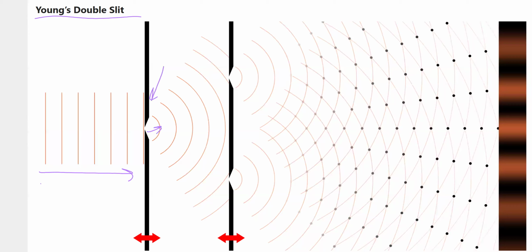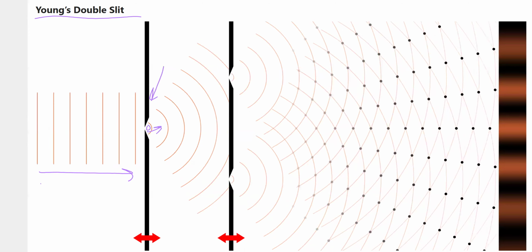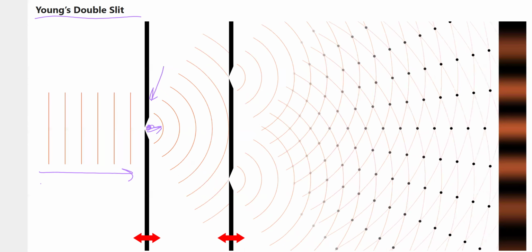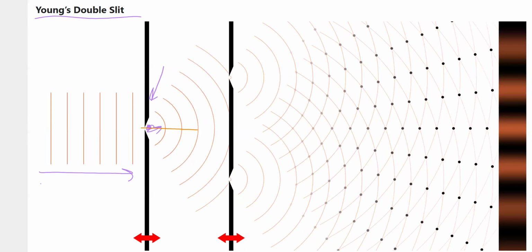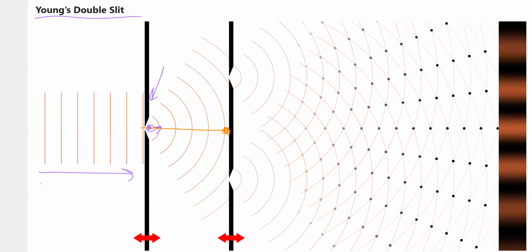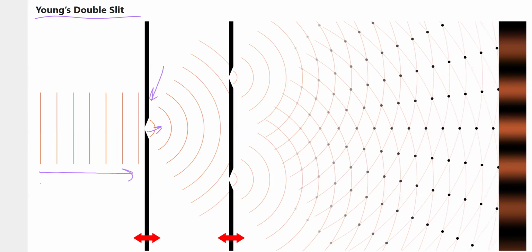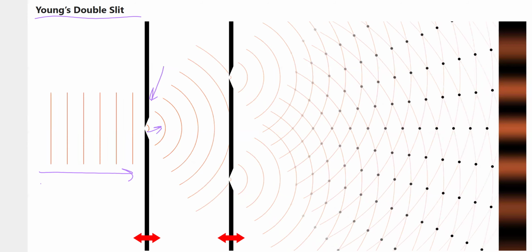They move as if this point is the source of the light itself. Instead of moving in a straight line to this point only, it moves in waves in all the directions around this slit. And this is a proof that the light is moving as waves, not as particles.